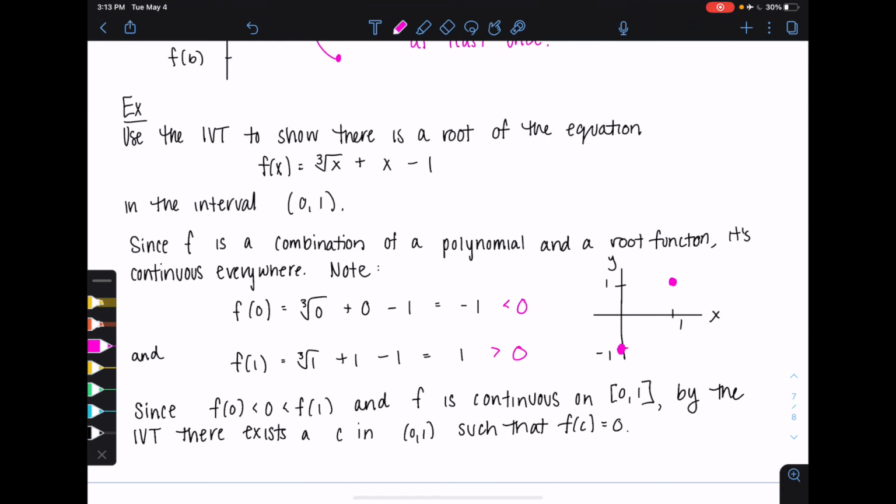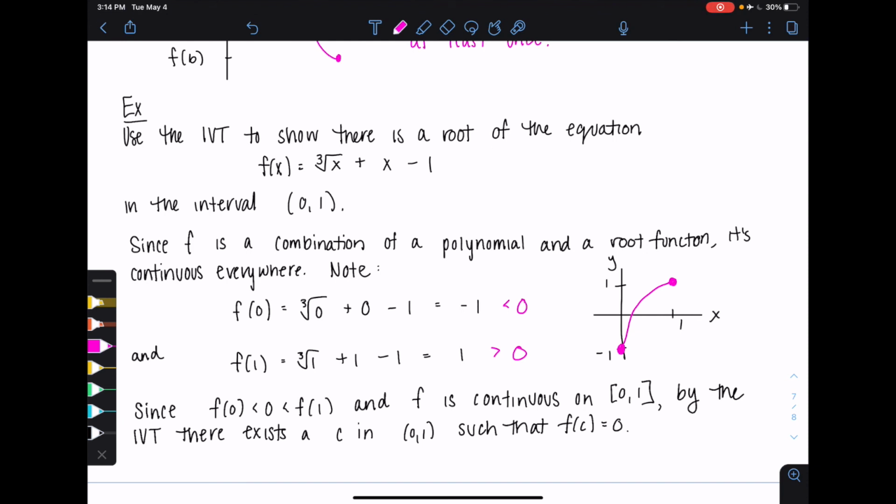Because it's continuous, I have to cross through at some point for this function. I'm forced to do that by the intermediate value theorem. There's no way I can just jump up because it's continuous. That's not going to work. So it's got to be a smooth graph that I've got to go through. Where that happens, I have no idea. I'm just guaranteed it does.